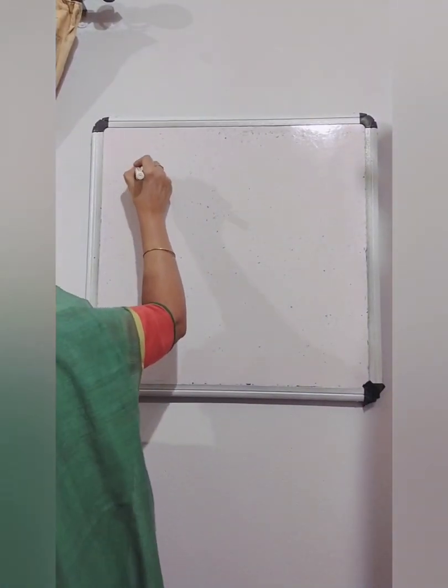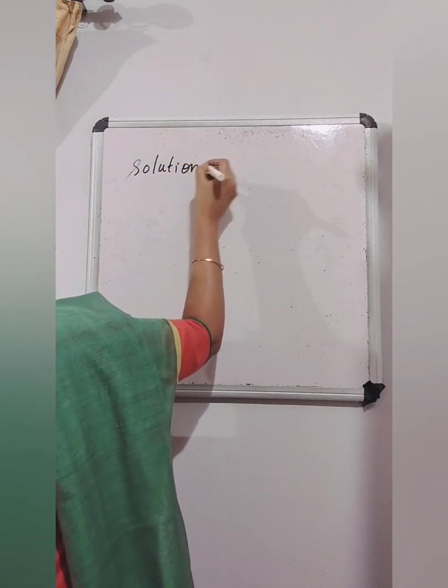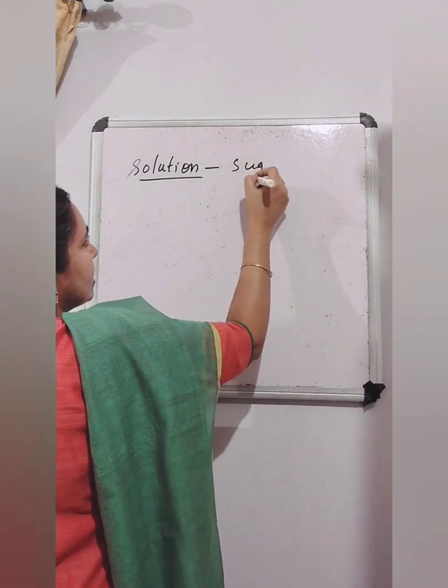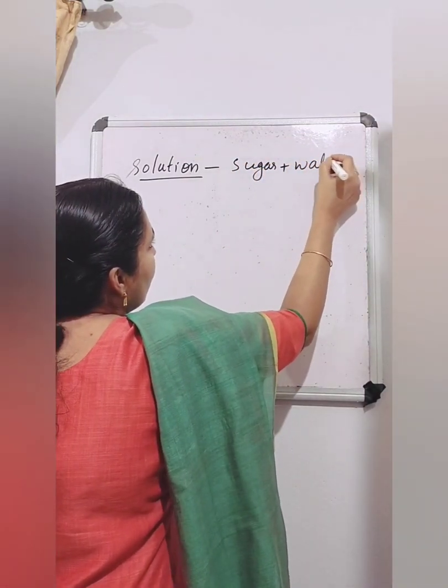So what is a solution? A solution is prepared by dissolving a substance in a liquid. So if sugar is dissolved in water, what do we call it?